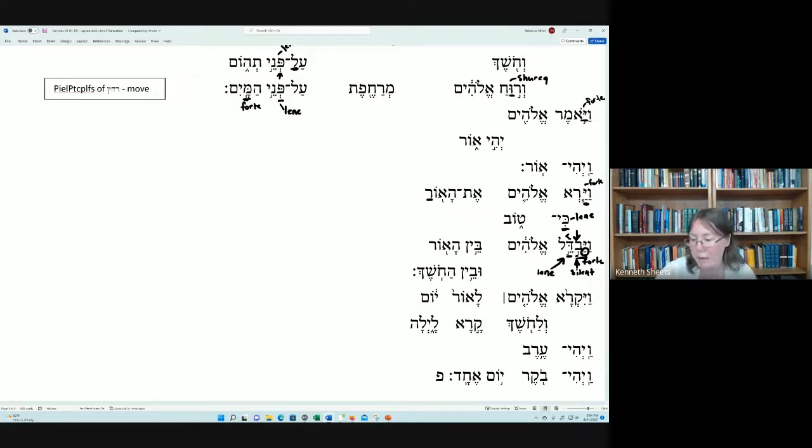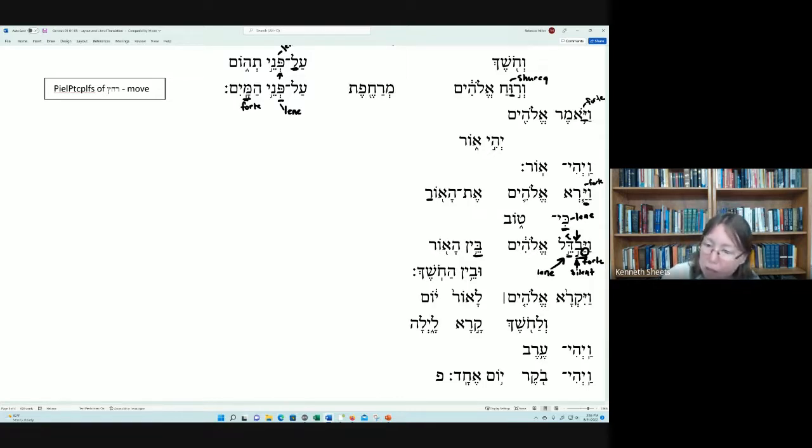So wayavdale. Then we come on over here and we have another one, bane. Notice again, I've got what could be either a dagesh lene or a dagesh forte in the beth, being a Begad Kafat letter, Beth Gimel Daleth, Kaf Pei Tav.